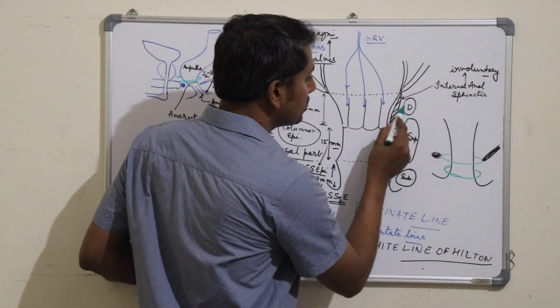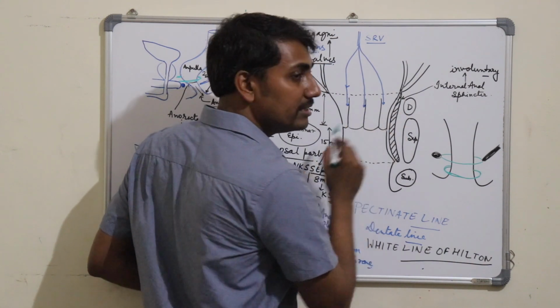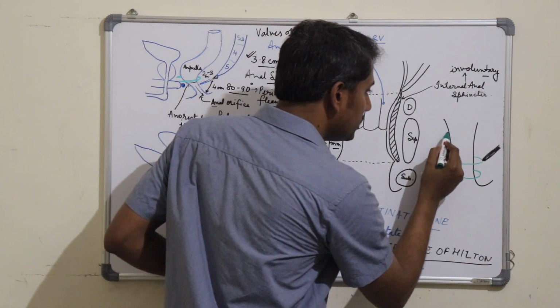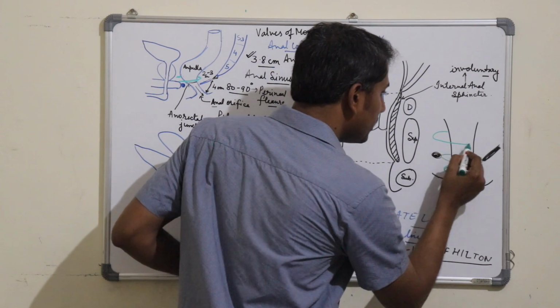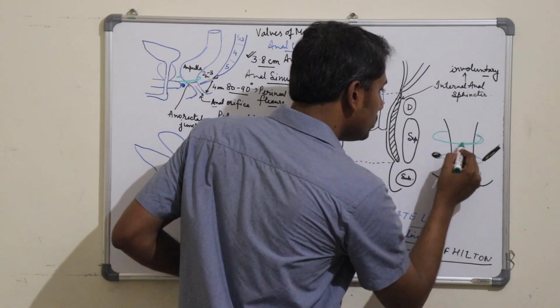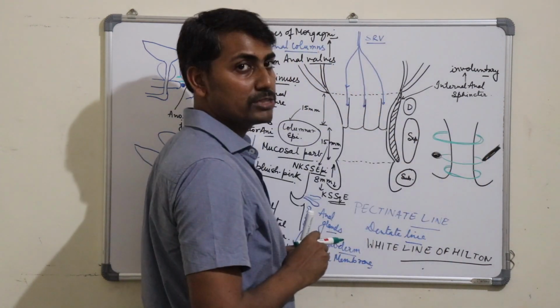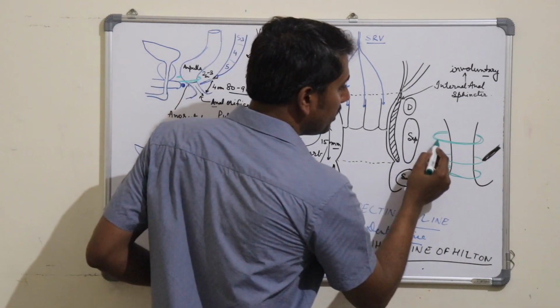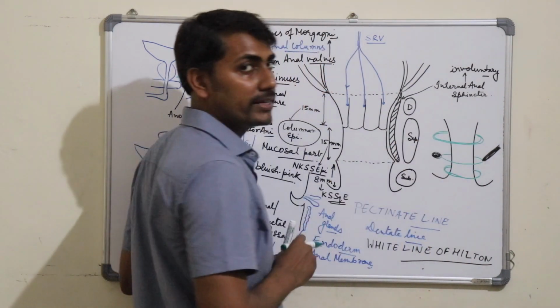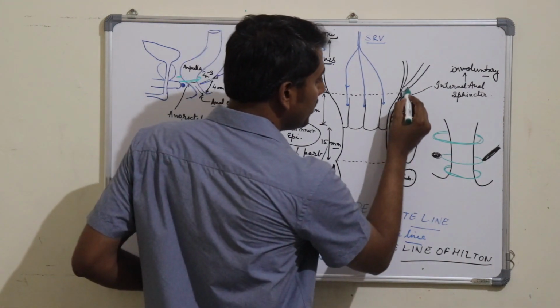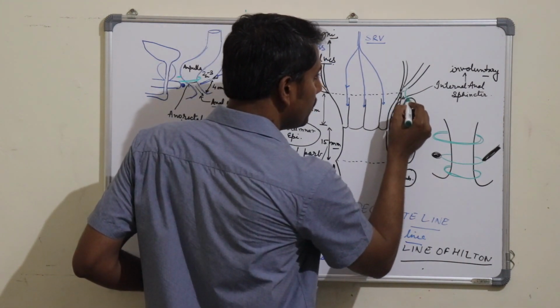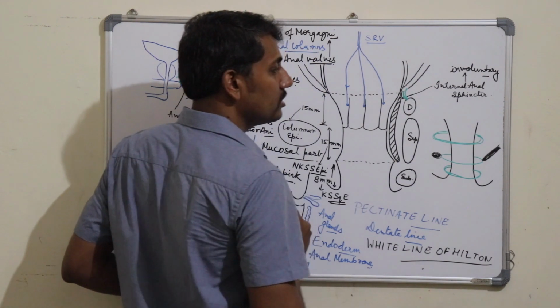The deep part surrounds the upper part of the anal canal. So this was the deep part, and this also does not have any bony attachment. The fibers of the deep part of the external anal sphincter fuse with the fibers of the puborectalis muscle.